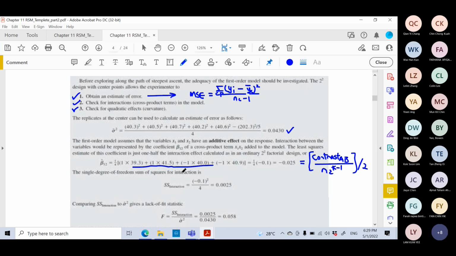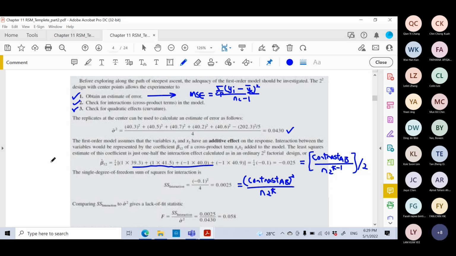Then from here, you also can calculate the sum of square for the interaction between factor A and factor B. This one will be given by the contrast for the AB squared, divided by the n times 2 power of k.